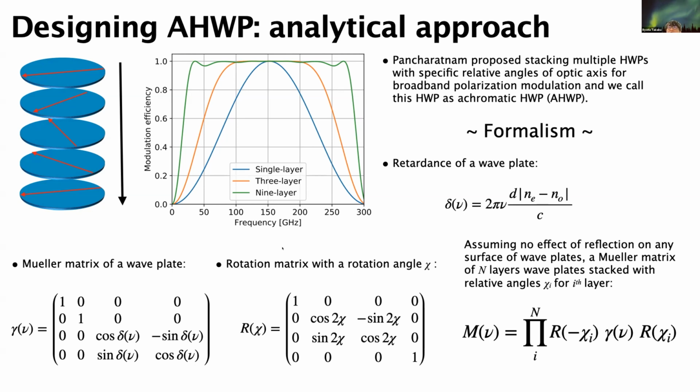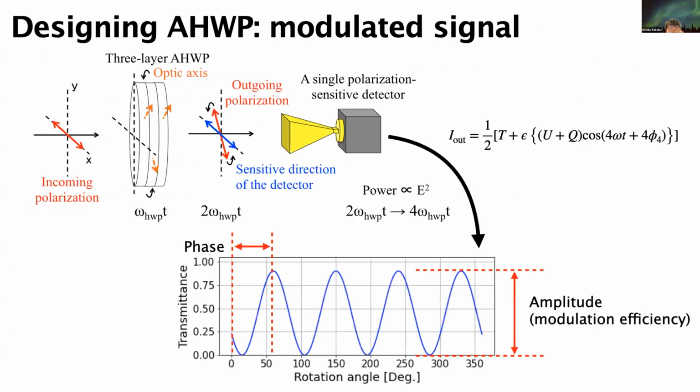Once we get the Mueller matrix of the multilayer half-wave plate, we can calculate the modulation efficiency. With respect to the measurement of polarization detection, we can calculate the polarization angle using a detector that only has sensitivity in one direction, as a function of the rotational angle.